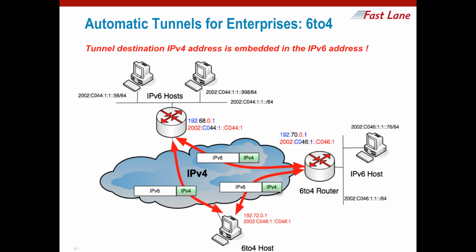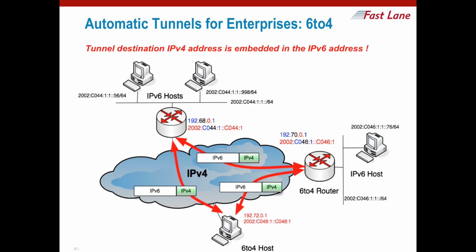So 6to4 provides two solutions. One solution is to automatically provide you with an IPv6 prefix, because there is a reserved block starting from 2002, reserved for 6to4 addresses.